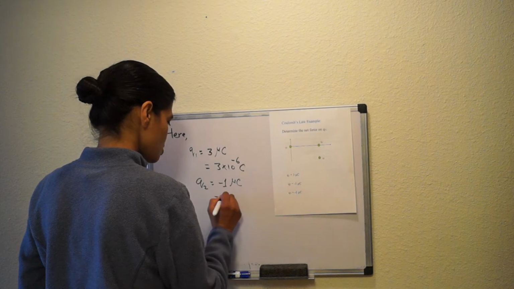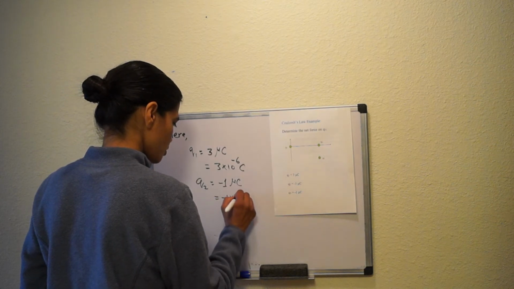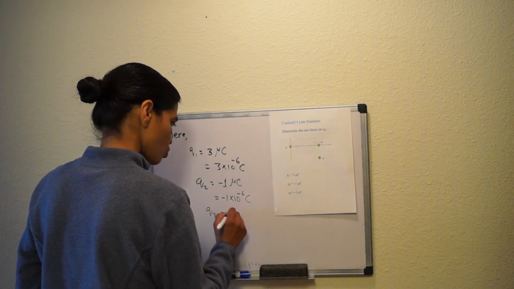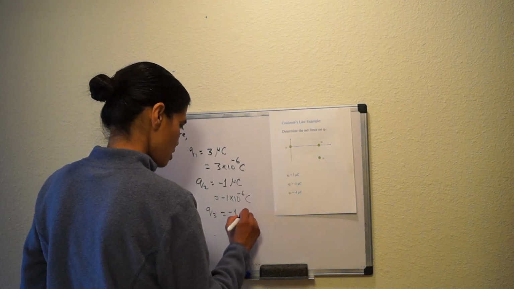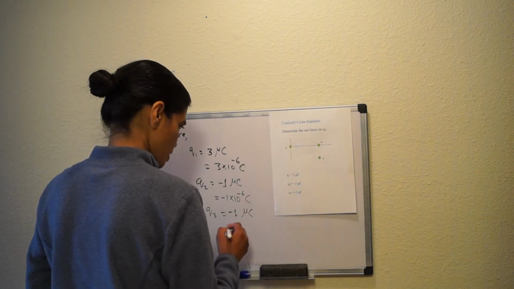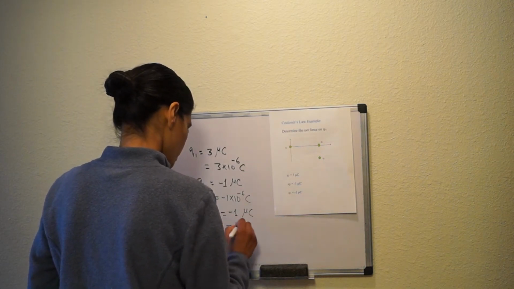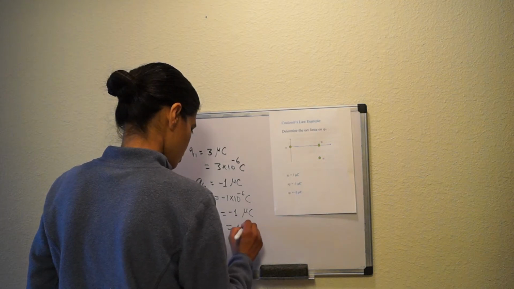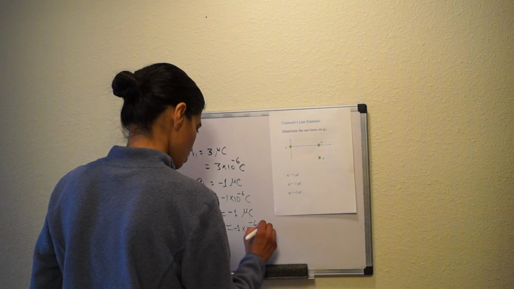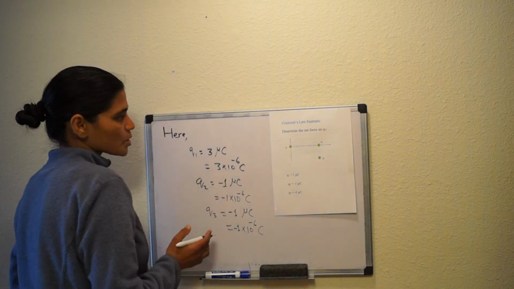Let's convert this into Coulomb: minus 1 times 10 to the power minus 6 Coulomb. And Q3 equal to minus 1 microcoulomb. So Q2 and Q3 are basically the same: minus 1 times 10 to the power minus 6 Coulomb. These are the pieces of information we are given.